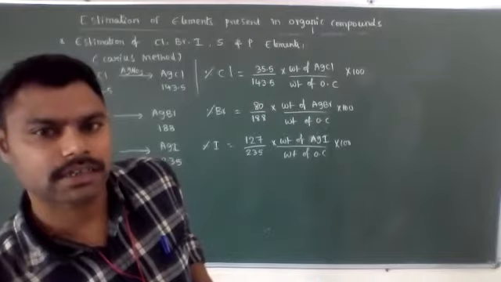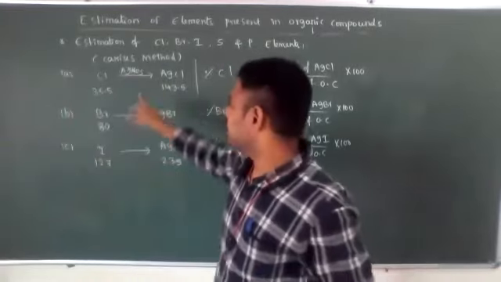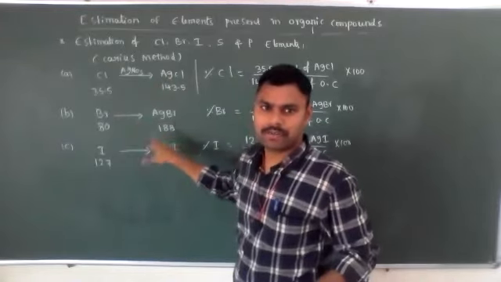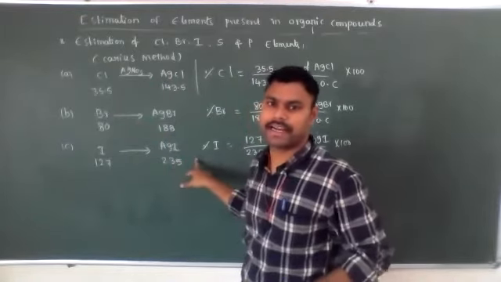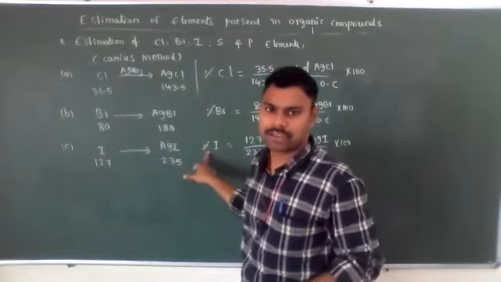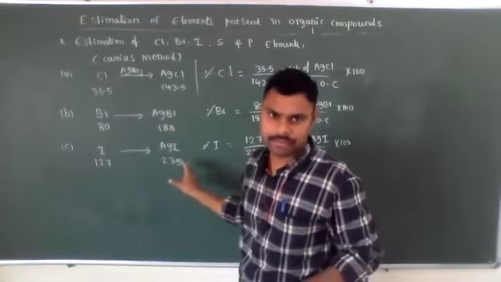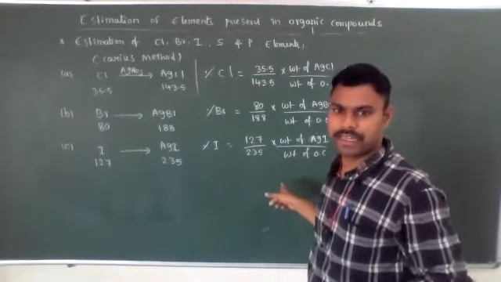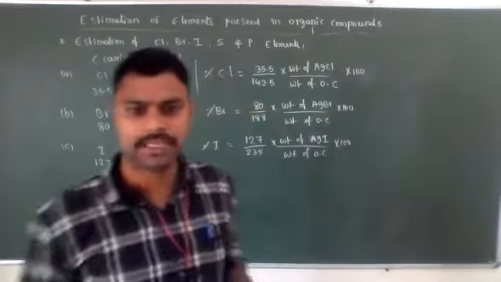Then chlorine is converted to silver chloride, bromine to silver bromide, iodine to silver iodide. So how it converts on combustion, that is what I am telling. In that case, I am explaining how to calculate the percentage of the given atoms.